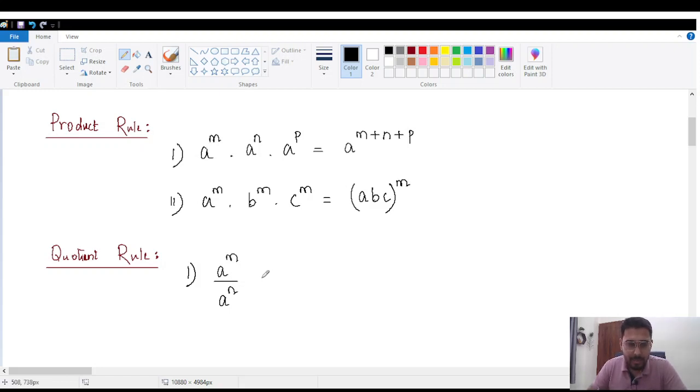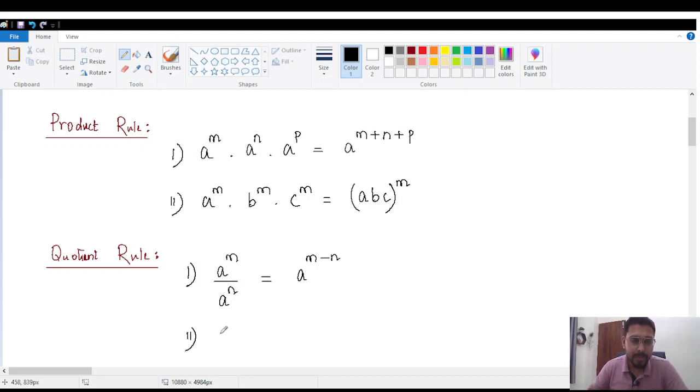In that case, the answer would be a to the power of m minus n. Please remember here, if m is more than n, it will be a to the power of m minus n. But if m is less than n, also it will be a to the power of m minus n. So no matter which is more or less, the power will be written in the order of the numerator power minus the denominator power. It always happens. So this is the quotient rule.